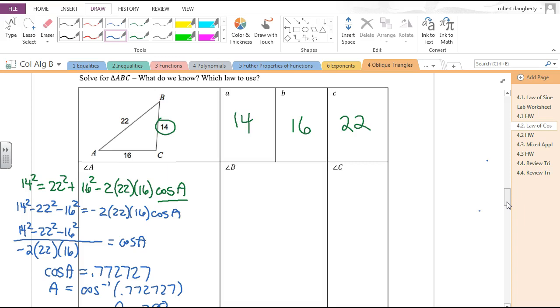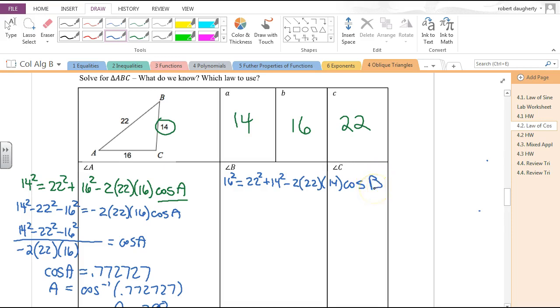So it's going to be that same process. To solve for angle B, it's 16 squared equals 22 squared plus 14 squared minus 2 times 22 times 14 times the cosine of what angle? B.